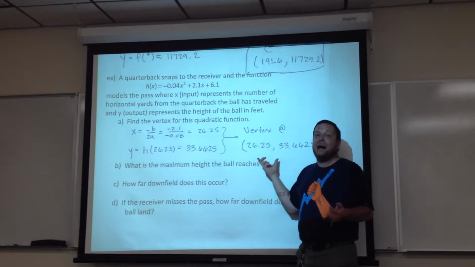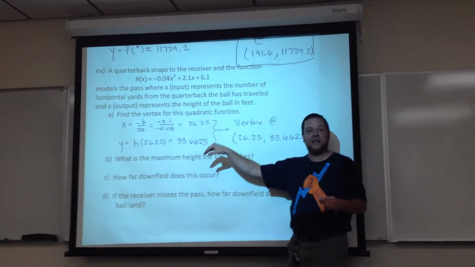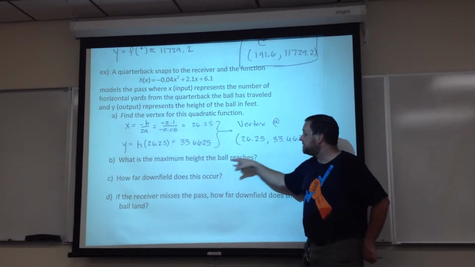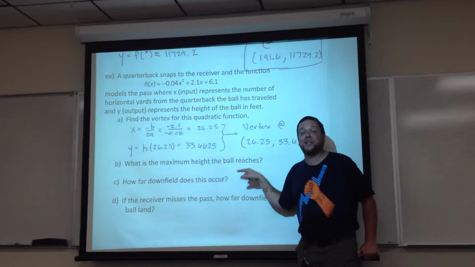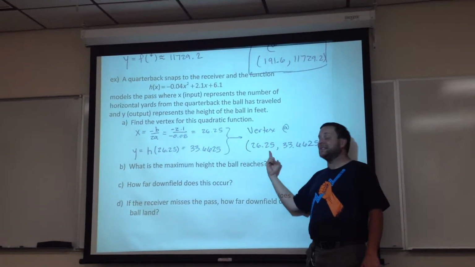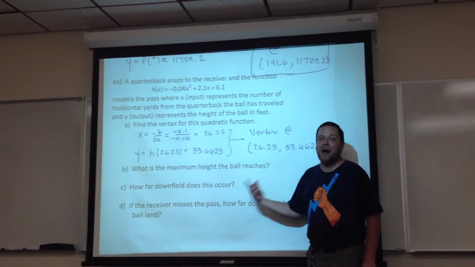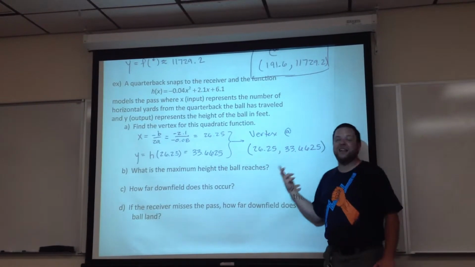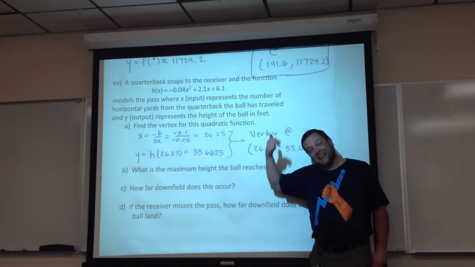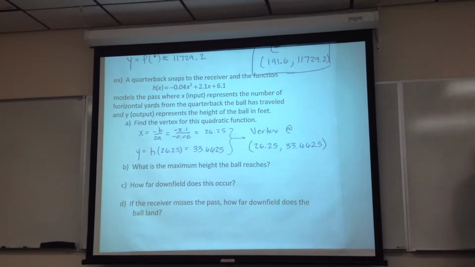That means that is the absolute maximum that this ball would have reached on its parabolic path downfield. So the maximum height of the ball is asking you for the y coordinate of your vertex. Just be careful. Remember, this is scaled in yards, and this is scaled in feet. So the maximum height is 33.6, or if you round to the nearest tenth, like I did earlier, 33.7-ish feet.